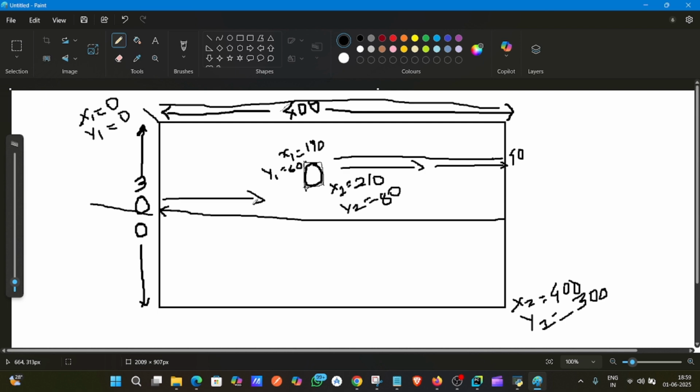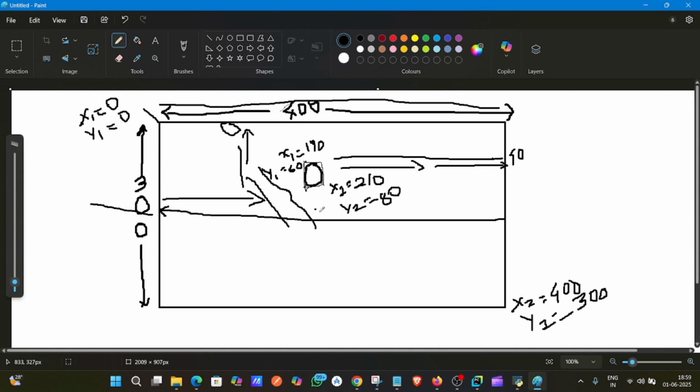Got it? Similarly, suppose this ball is going in an angular fashion. The moment the ball reaches here, it should not go beyond this. So what should we check? We should check y1. Till the time y1 is greater than 0, the ball should keep moving in the upward direction. The moment y1 becomes 0, the ball should start moving in the downward direction.